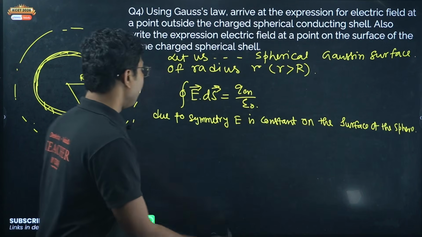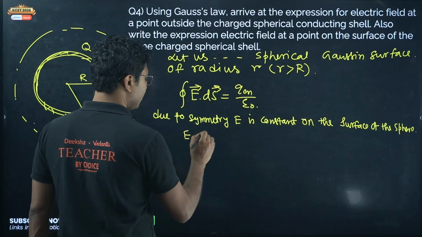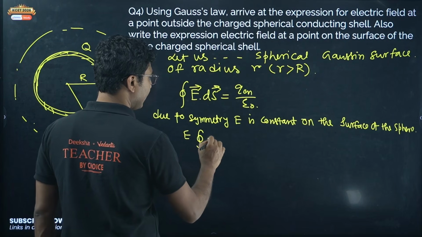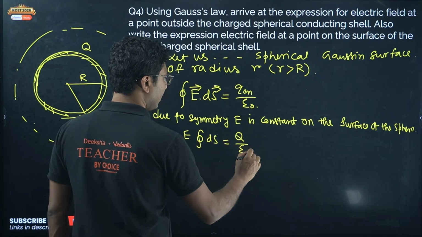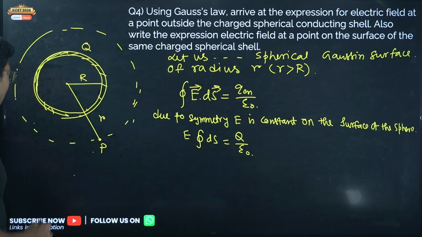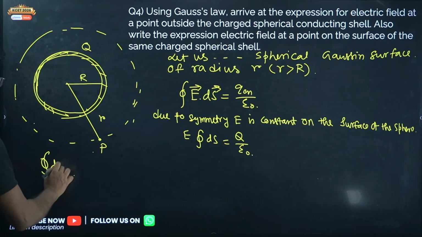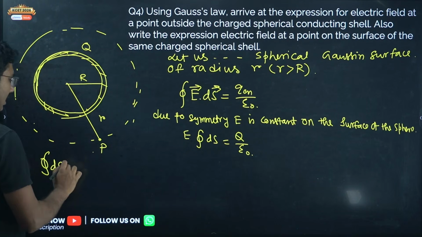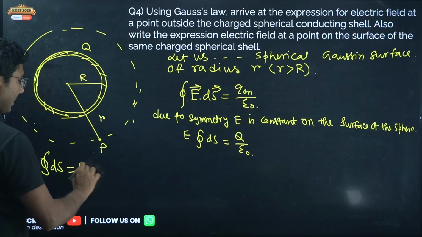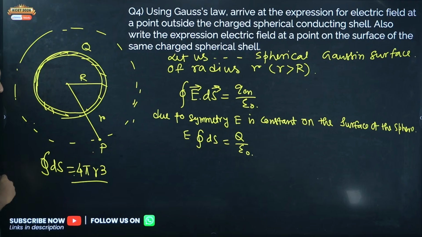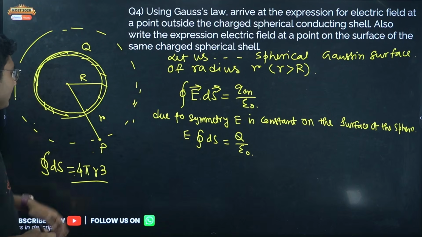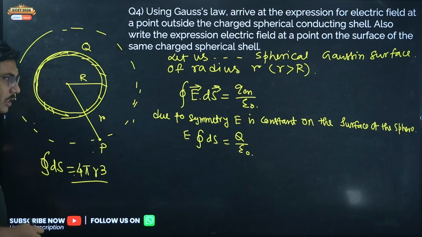So it will come out of the integration, any constant is outside the integration, so integral ds equals capital Q divided by epsilon naught. Now ds is the surface area of a sphere, that is 4 pi r cube, 4 pi r cube of this Gaussian surface. Remember, not capital R cube but small r cube.